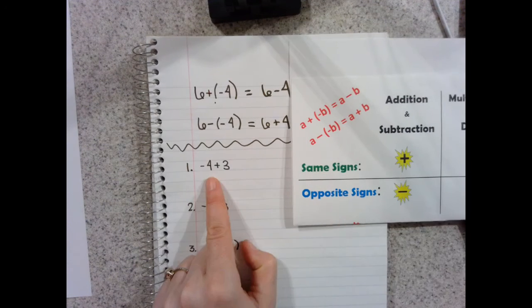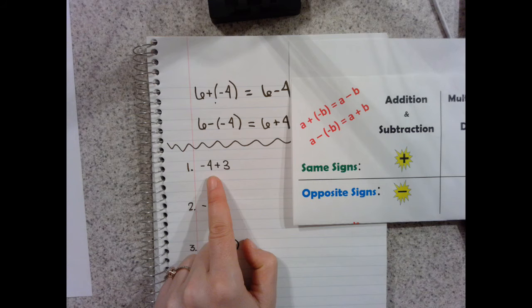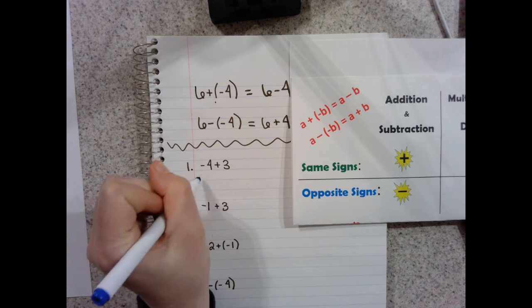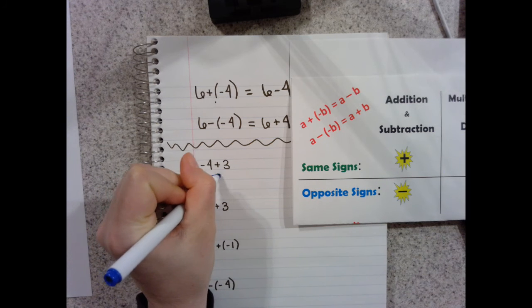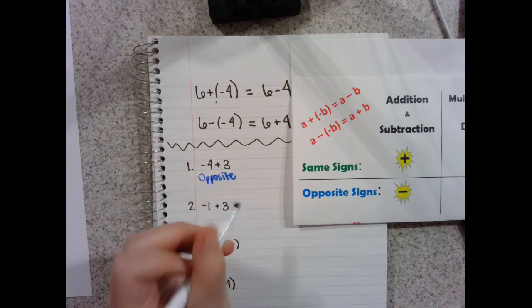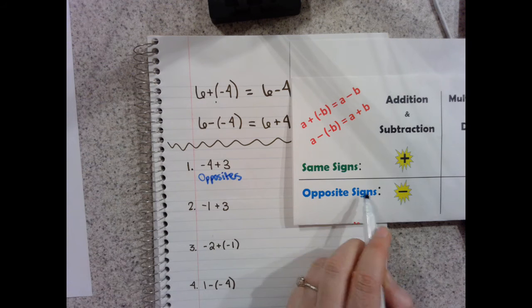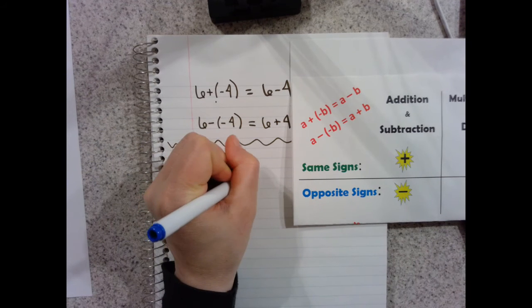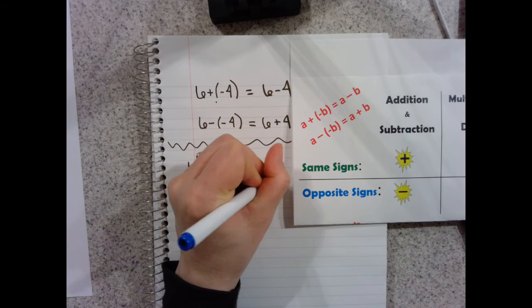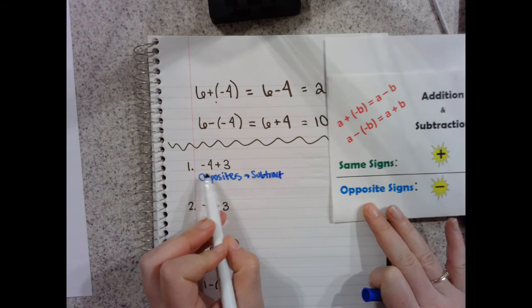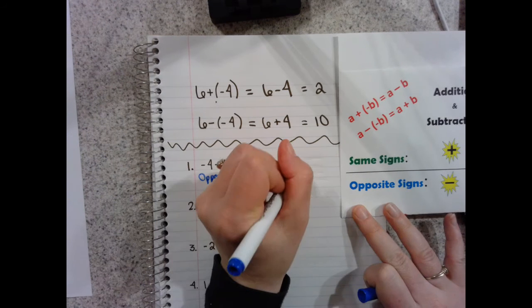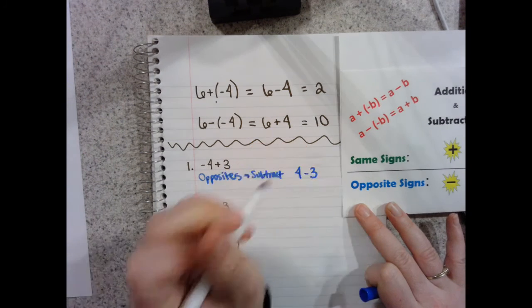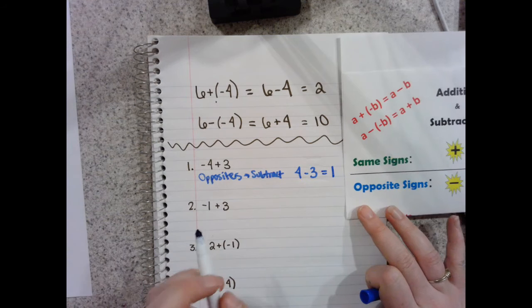Okay, so looking at my first problem. My first number is negative, where my second number is positive, so I have opposites. One's positive, one's negative, and opposite signs I need to subtract. So I'm just going to subtract, ignoring all the signs. 4 minus 3, which is equal to 1.